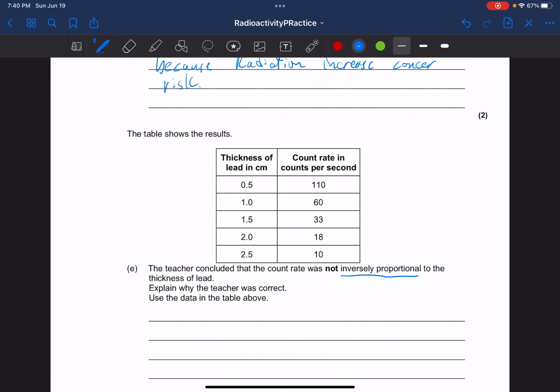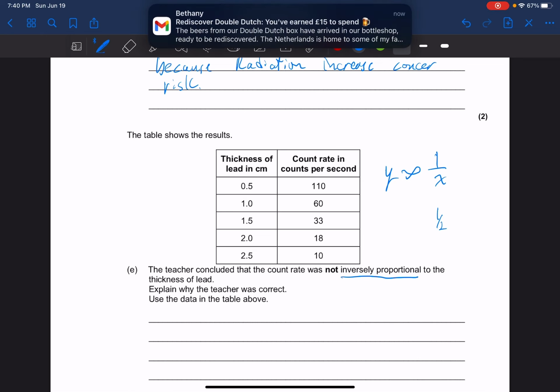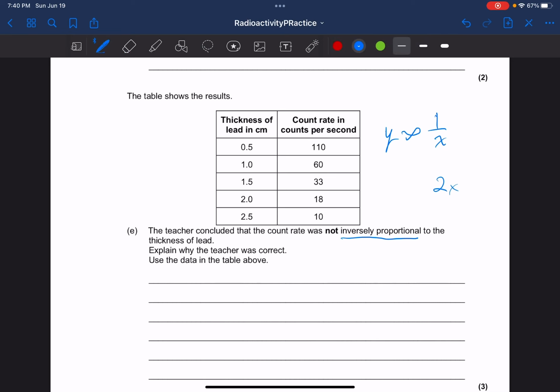Inversely proportional means that Y is proportional to 1 over X. What this would lead to is that if you double X, then Y would be halved. So 2 times X would equal 1/2 of Y.